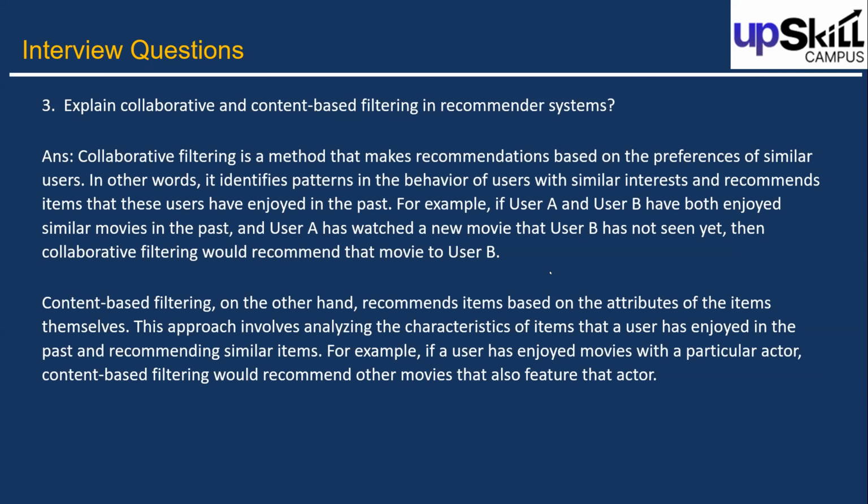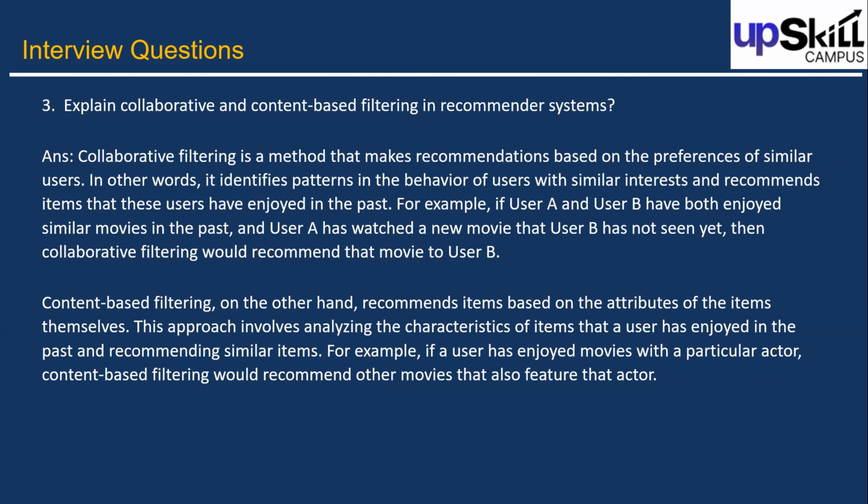So that's basically how friends work. If your friend has good music taste and you have similar music taste, and the friend recommends you some music, that is basically collaborative filtering. Content-based filtering is on the attribute of items, as you said, the product features. Suppose I'm buying a phone, I would see the RAM, the ROM, the screen size and everything.